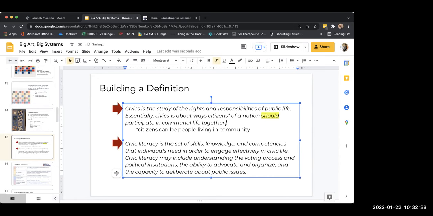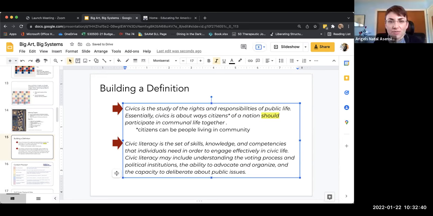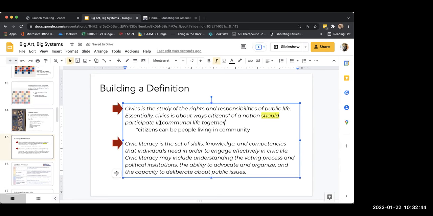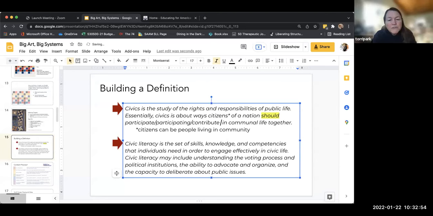Well, what about "contribute to communal life together"? Or changing "participate" to "participating", so it says, essentially, civics is about ways citizens of a nation participating. Oh no, that doesn't work, sorry. I wonder too, maybe "nation" could be changed to "community", because we have local civics as well.